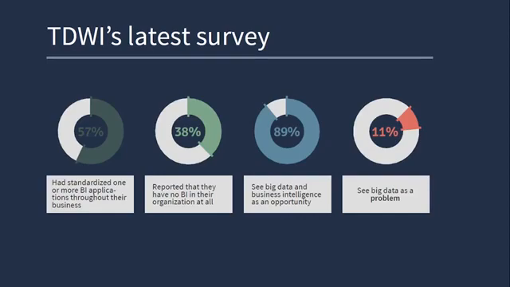And I think that will continue to shrink as this software becomes more available and as consumerization makes it friendlier for end users. A whole 89% of companies see big data and business intelligence as an opportunity. There's a lot of market enthusiasm right now. Only 11% see it as a problem. That's something of an outlier, I think.